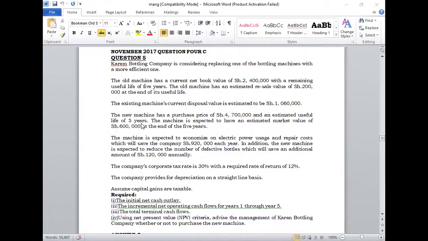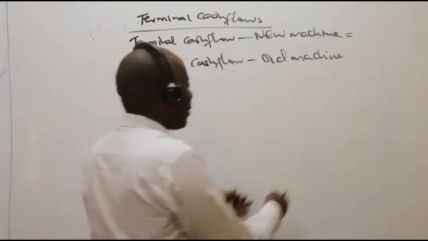You can see the scrap, ladies and gentlemen, is 600. The terminal cash flow is 600.